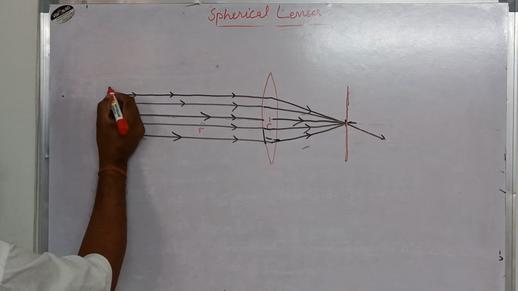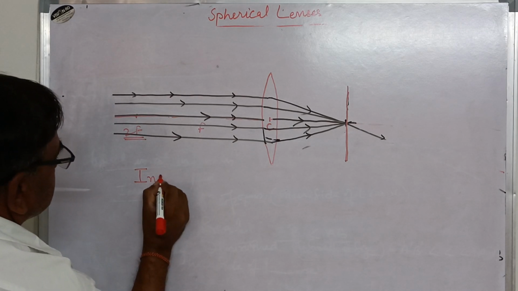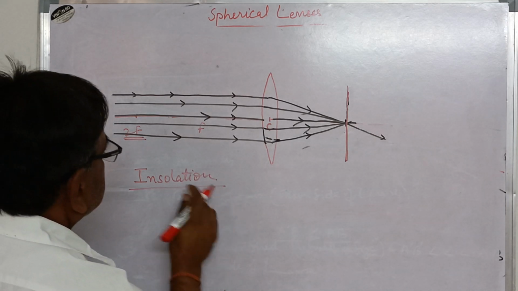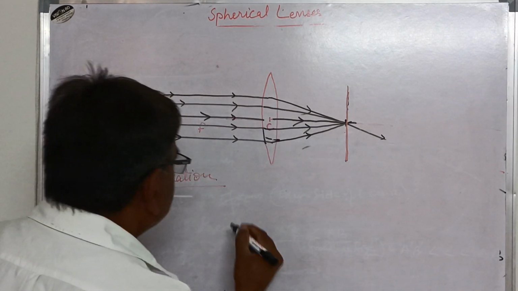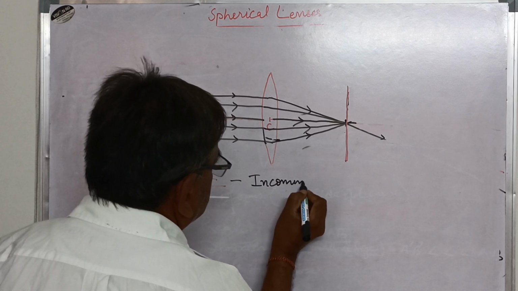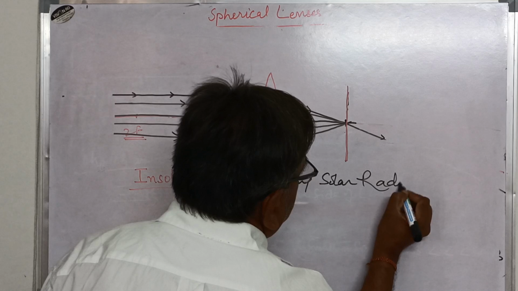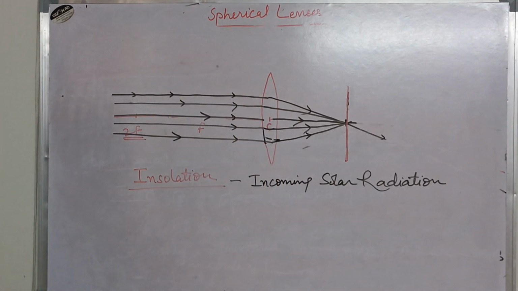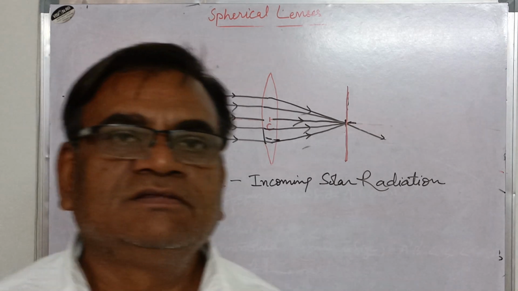This radiation, solar radiation, is called insolation, meaning incoming solar radiation. One word, insolation. It means solar energy.